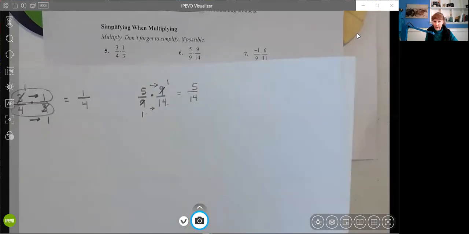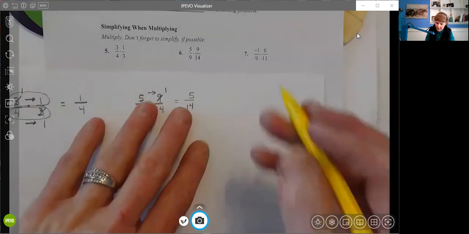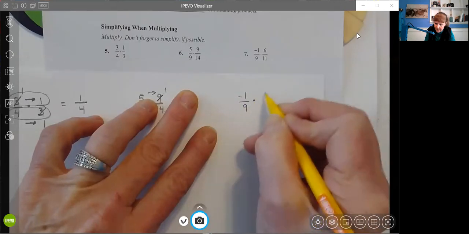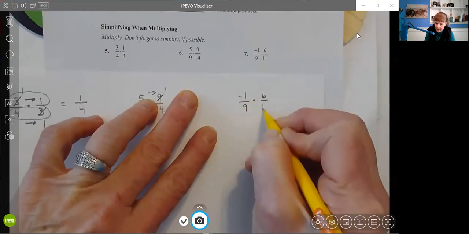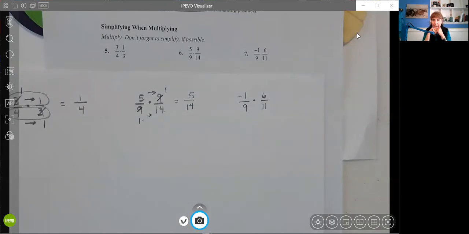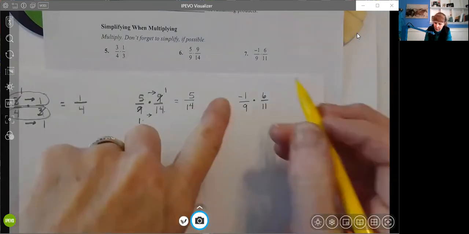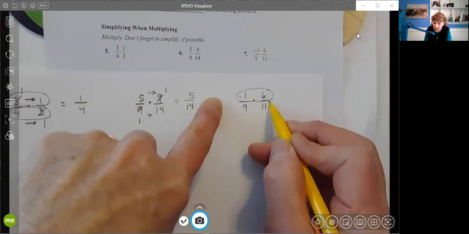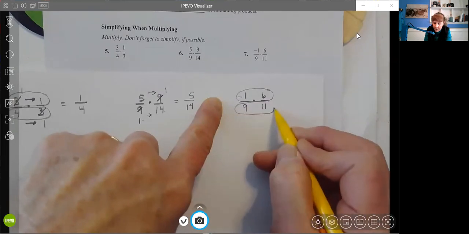Here, -1 over 9 times 6 over 11. All right, let's go ahead and we want to reduce. So is there a number that I could divide into either of these that would also go into either of those?